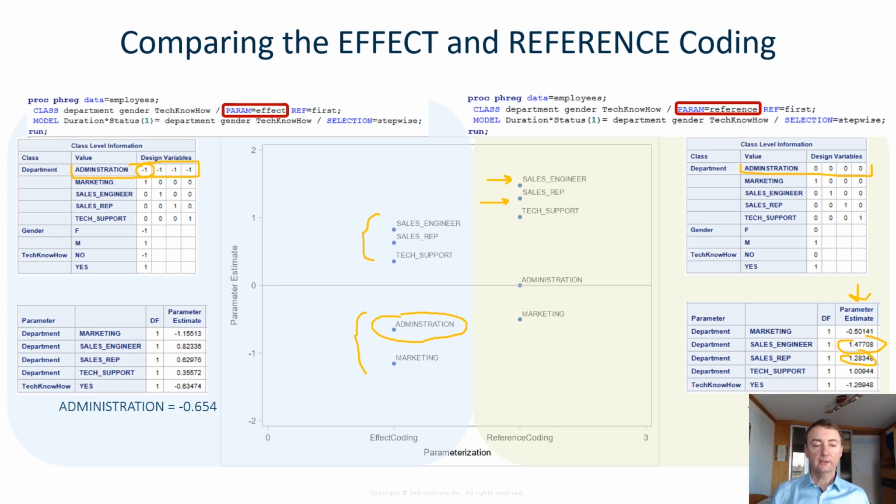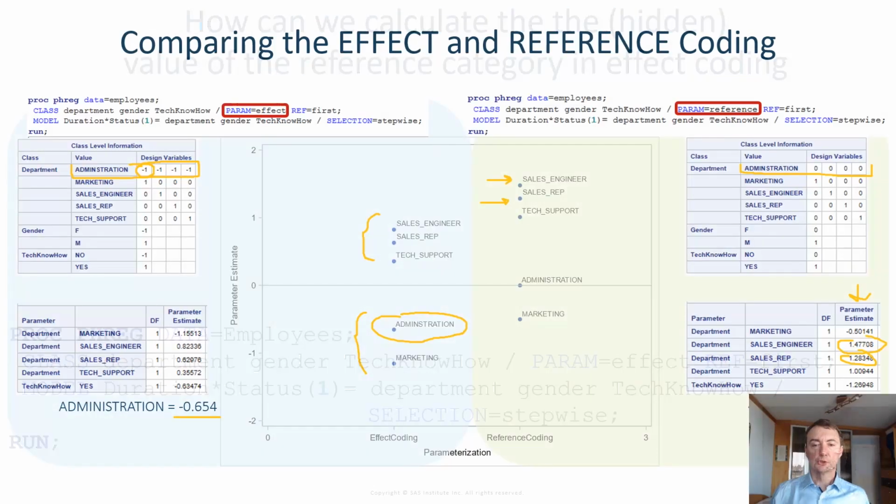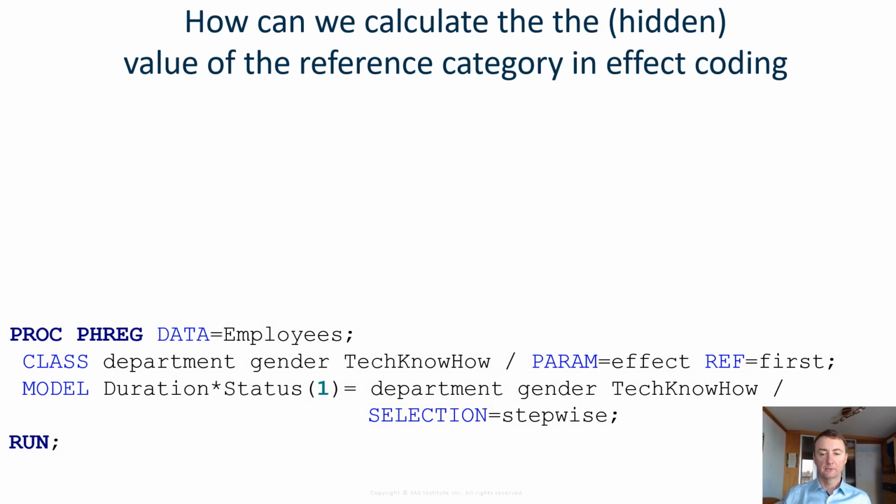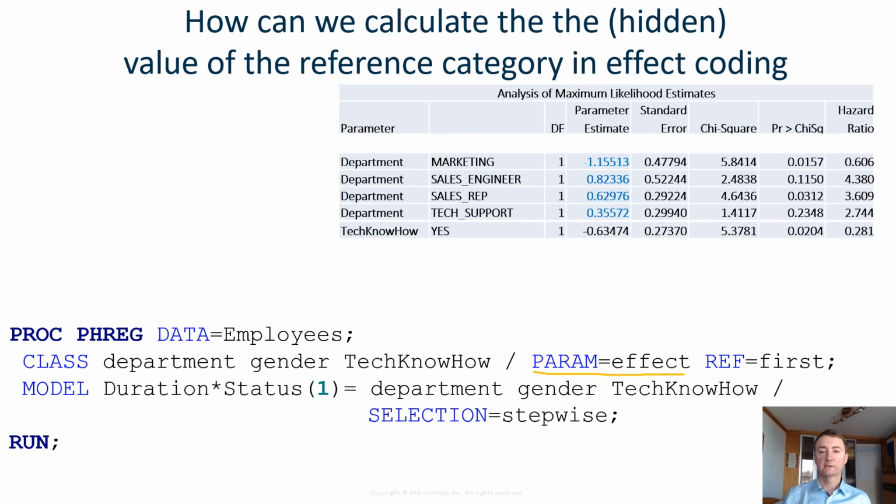In order to calculate this value of -6.45, there's an easy way to do so. If we have, for example, the model that we just created with the effect coding, and the output is the following, the regression output lists the parameters of all other coefficients compared to the reference category.